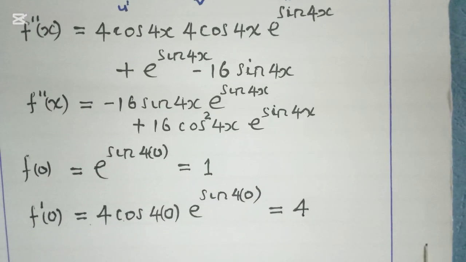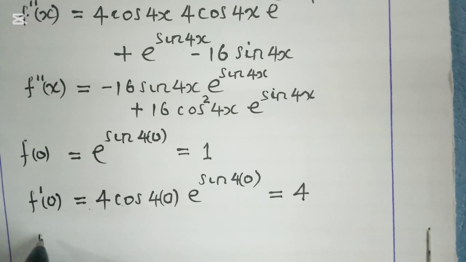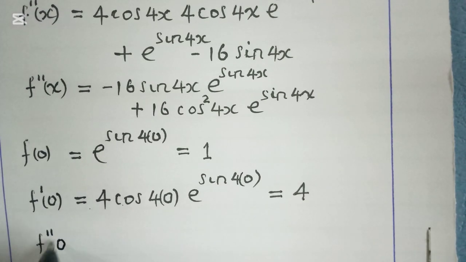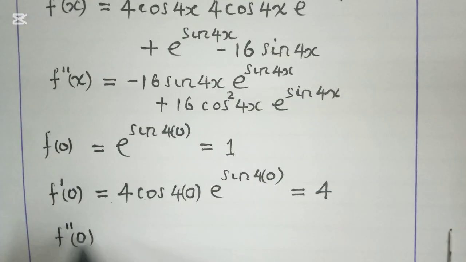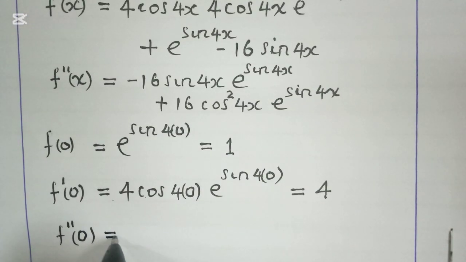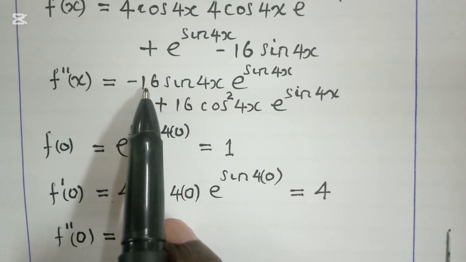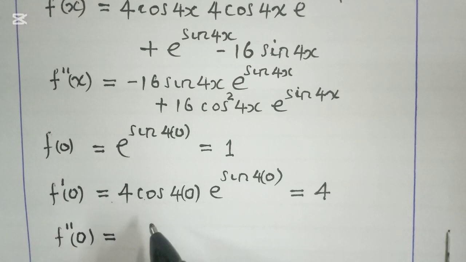We go ahead and now find f prime prime 0. So this one is now going to give us, here we have our figure here. We may not write this one, guys, but let's write it. It's quite okay.